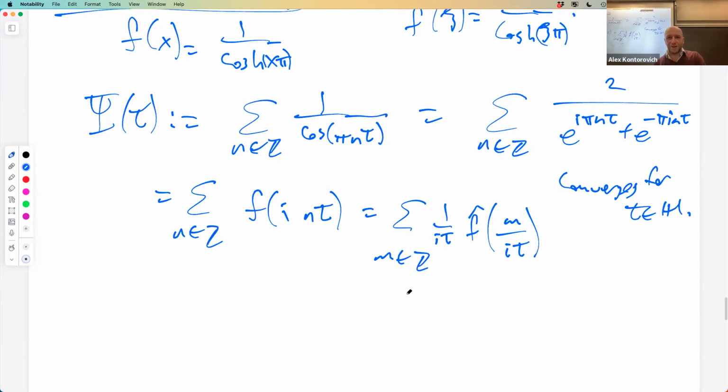So, what is this? This is 1 over i tau times a sum over f. f hat is the same thing as f. So this is a sum over m in Z. f hat is 1 over cosh of pi times m over i tau.